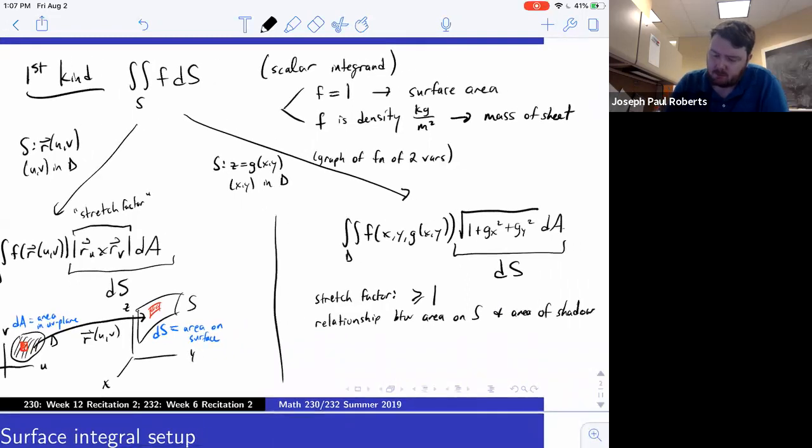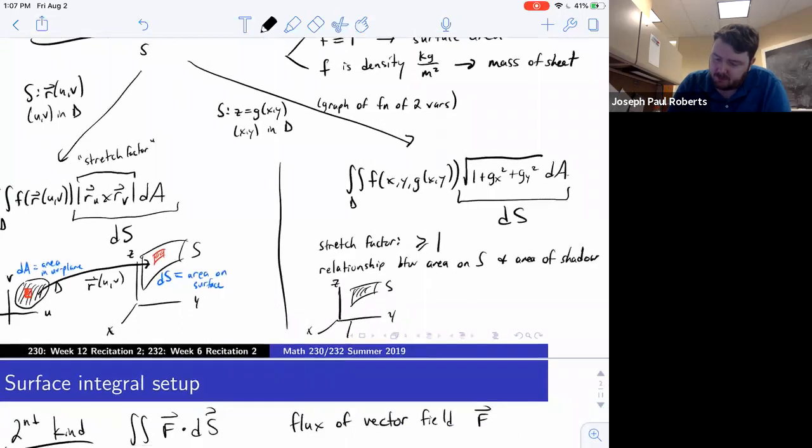Because when your parameters are x and y, you don't have to go outside to abstract UV land to understand what's going on with x and y. X and y, this region D, is really the shadow of S in the xy plane. And we've talked about this shadow idea before.